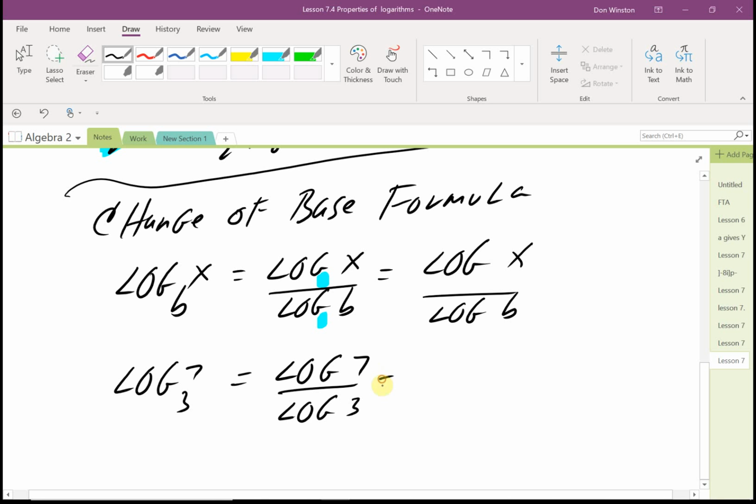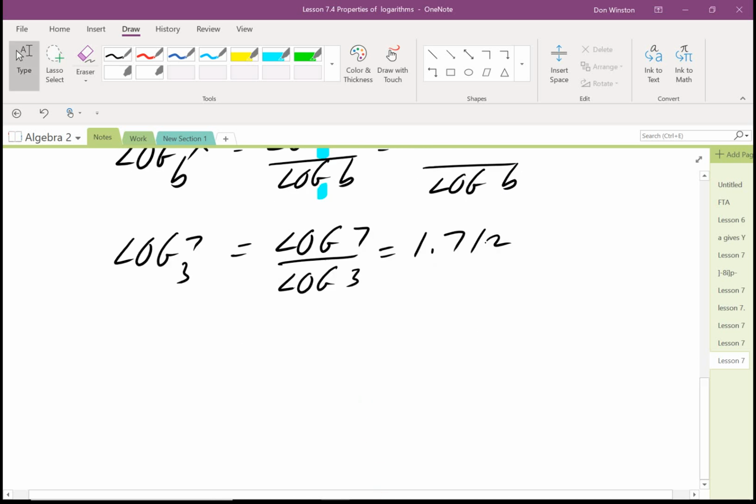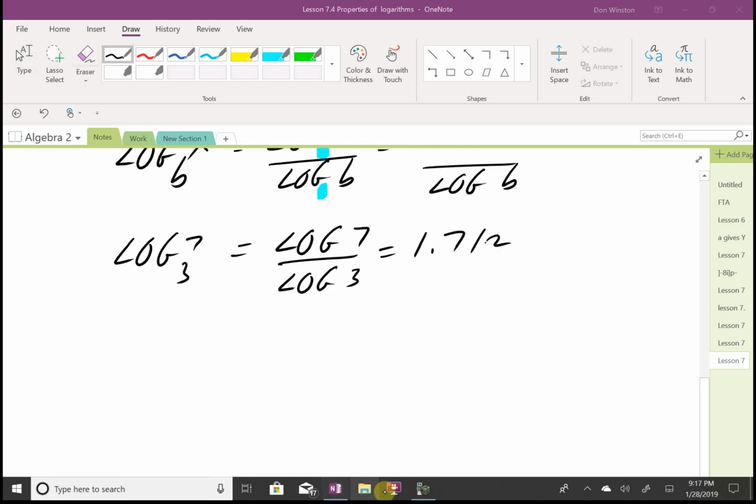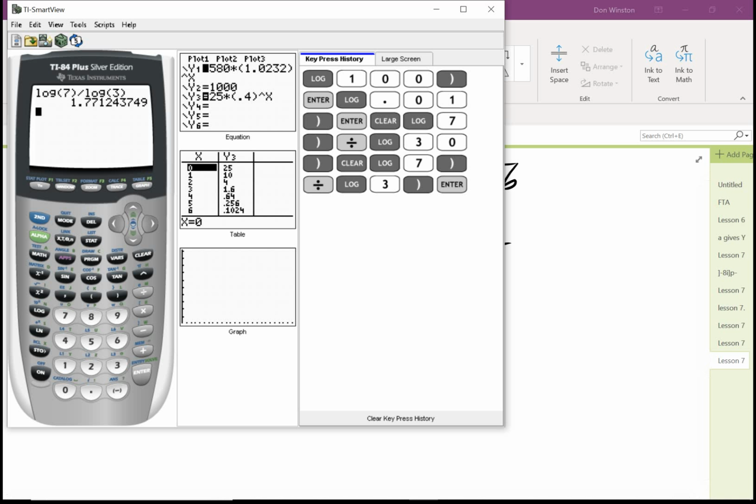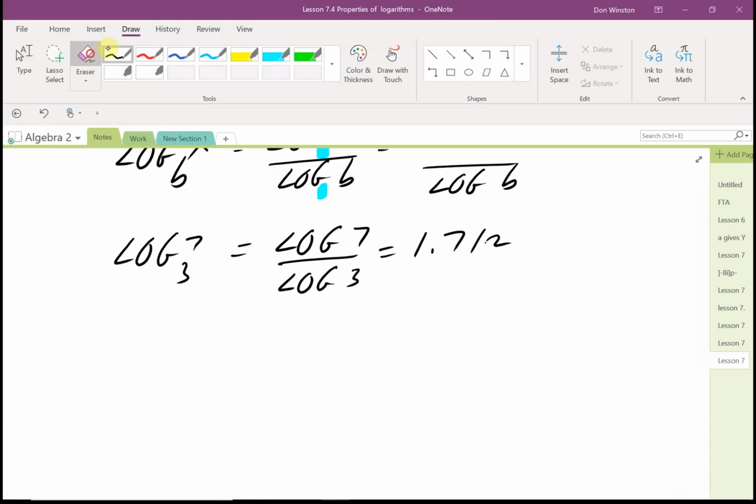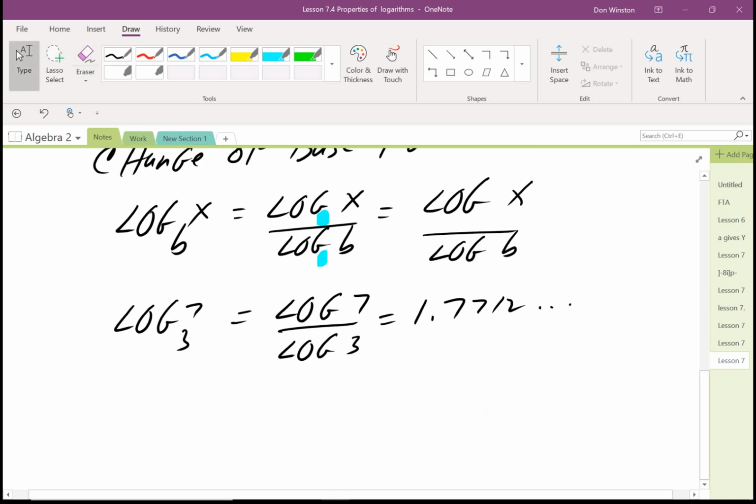So this is going to equal 1.7712, something, something.